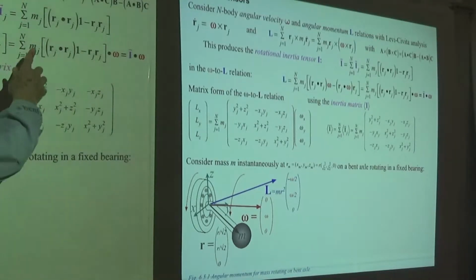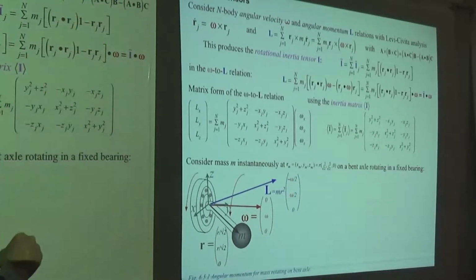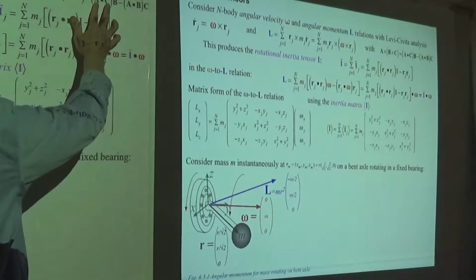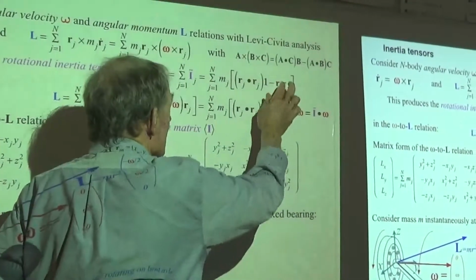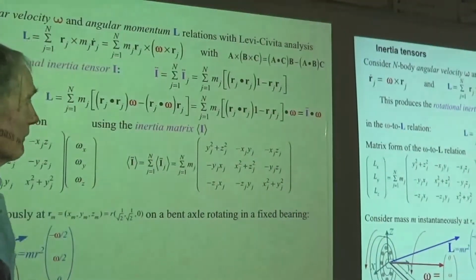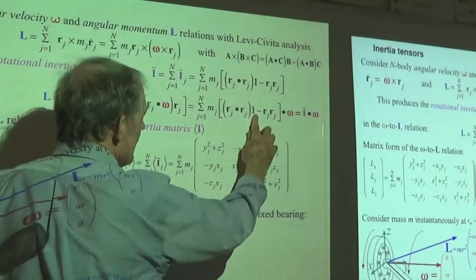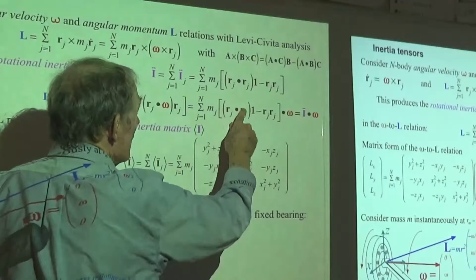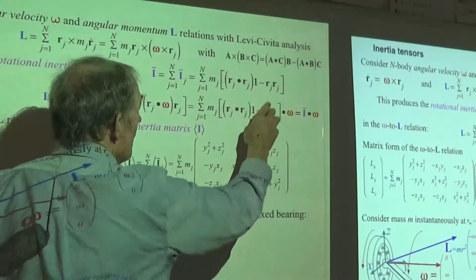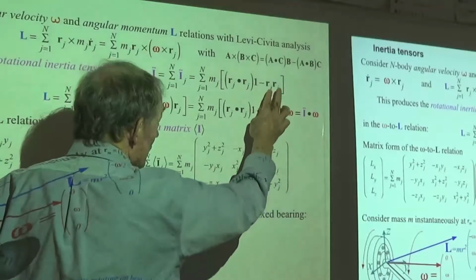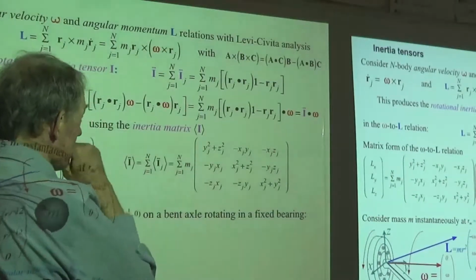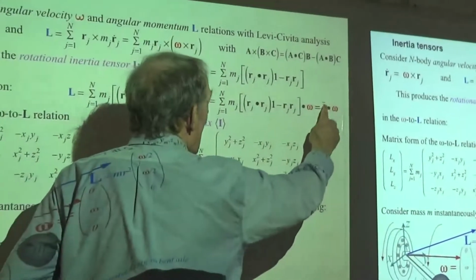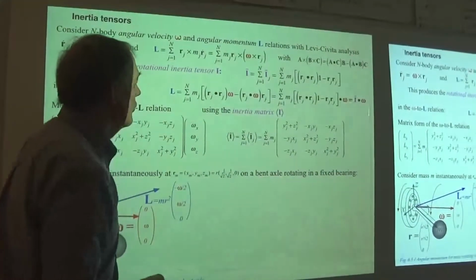But here, very quickly, you see from this triple cross product that we get a dot product of the first and third times the middle one, and then the first and second times the third. That gives us this expression for a tensor. A unit tensor right here, that's just a scalar product that results from this term here, but this one right here is a tensor, and that is what we're going to call I. That's this thing right here, the inertia tensor.